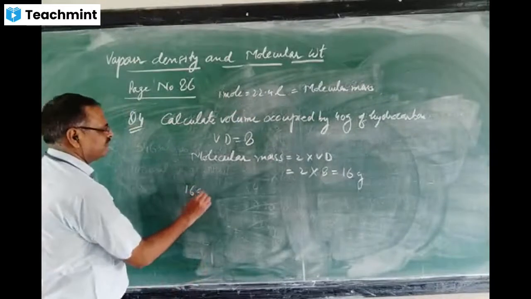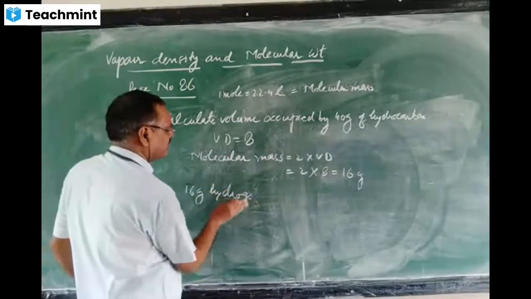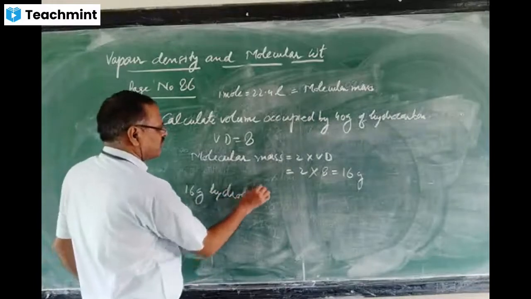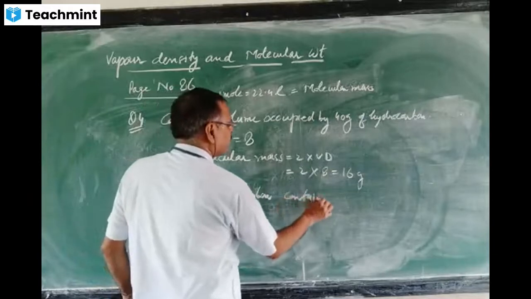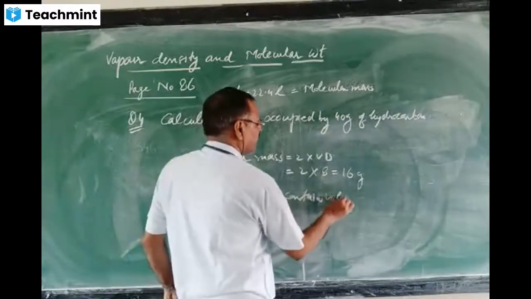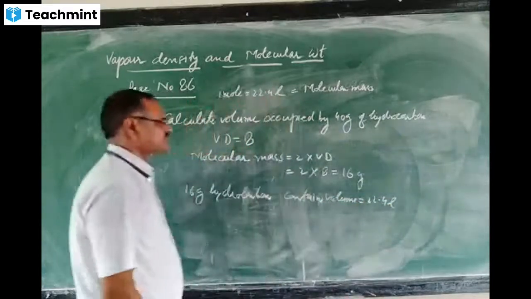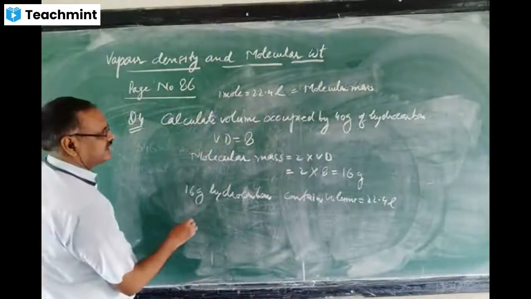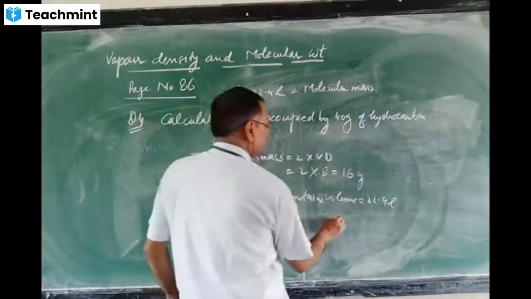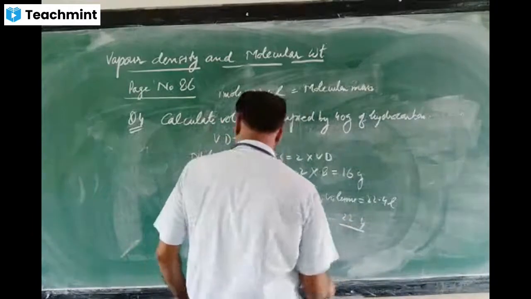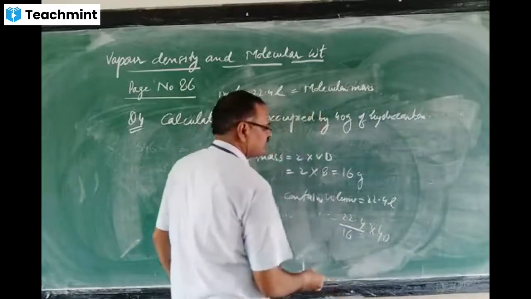So 16 gram hydrocarbon contains a volume of 22.4 liters. Now you can take that 40 gram hydrocarbon: 22.4 divided by 16 multiplied by 40.